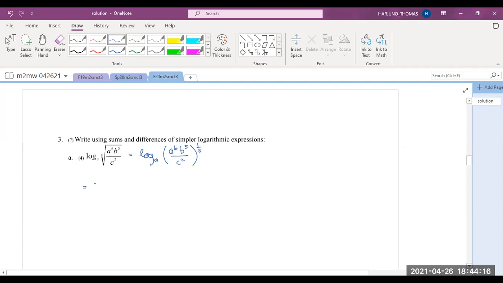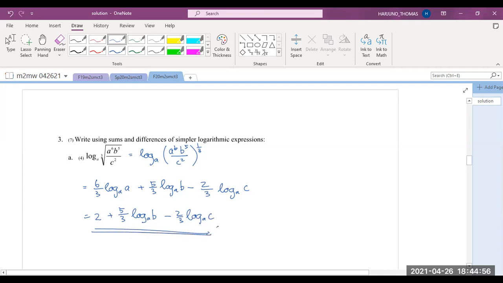Which is equal to 6 over 3 log base a of a plus 5 over 3 log base a of b minus 2 over 3 log base a of c. The 6 over 3 is 2, log base a of a is 1, plus 5 over 3 log base a of b minus 2 over 3 log base a of c. Boom.